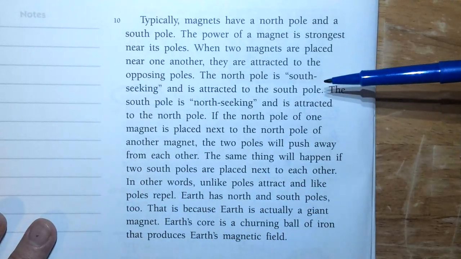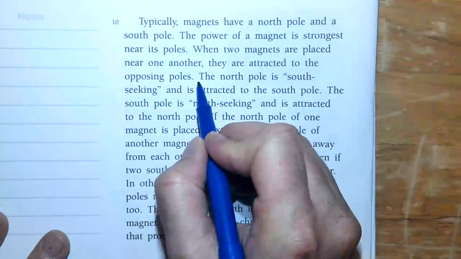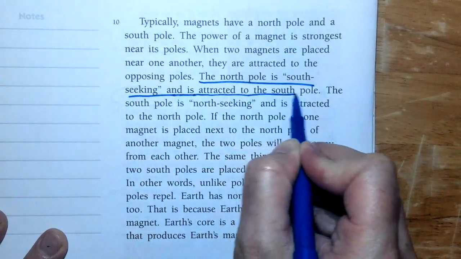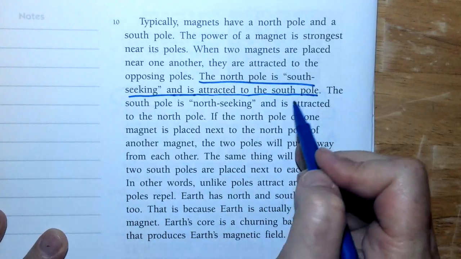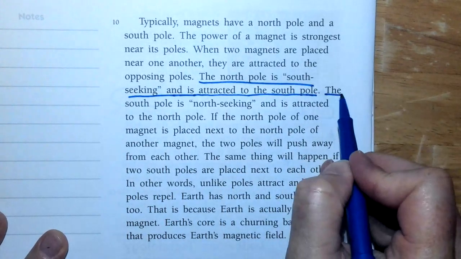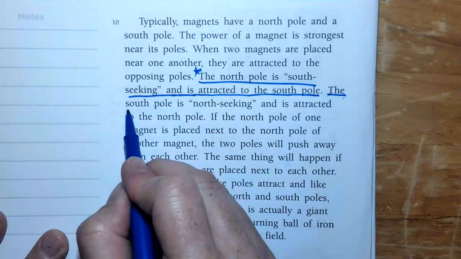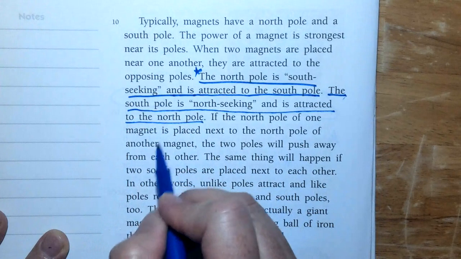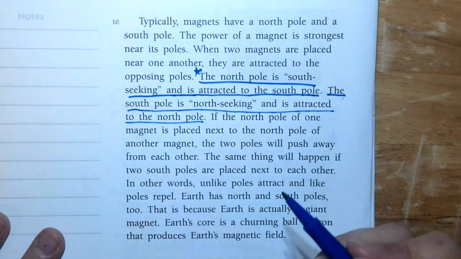The north pole is south seeking. We definitely need to make sure we remember that. And is attracted to the south pole. So north is attracted to south, and the south pole is north seeking and is attracted to the north pole.